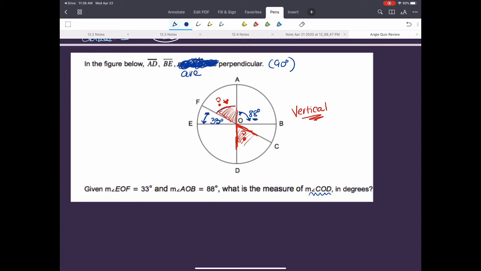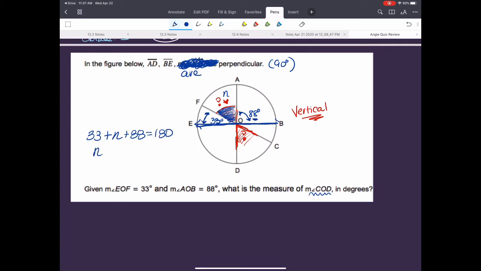To figure out this angle right here, look at this straight angle. I'll call this angle N, and we have three angles. We have 33 plus angle N plus 88, and we know that equals 180.